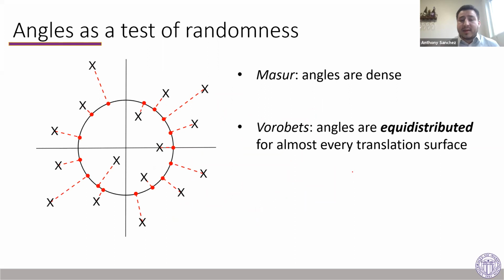This audience is likely very well versed with equidistribution, but it just means that if I look at all of the saddle connections in some big ball, and I look at the angles of those saddle connections, and I ask how many of them land inside of, say, a small interval, then I'm only going to see a small proportion of angles inside of this big ball as L gets bigger and bigger.